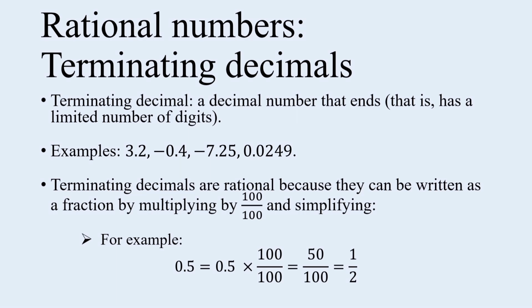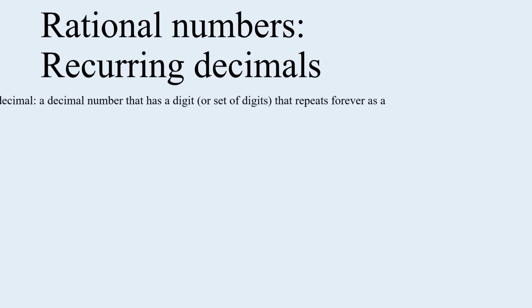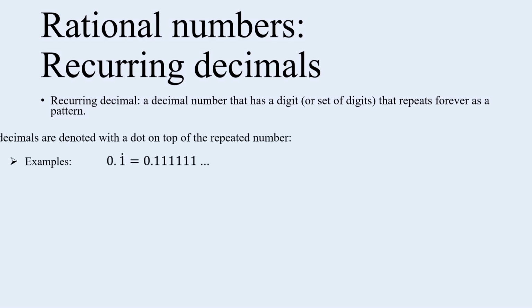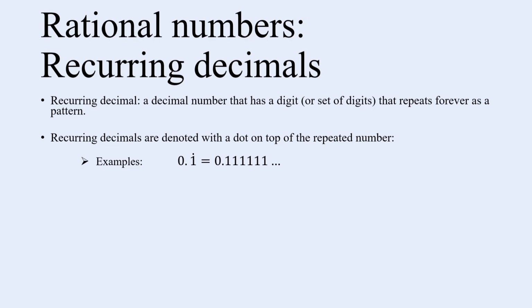Now let's move on to recurring decimals. A recurring decimal is any decimal number that has a digit or a group of digits that repeats forever as a pattern. Recurring decimals are denoted with a dot on top of the repeated number. So, for example, 0.1 with a dot on top of the 1 is equal to 0.1 recurring. 0.4 with a dot on top of the 4 is equal to 0.4 recurring.